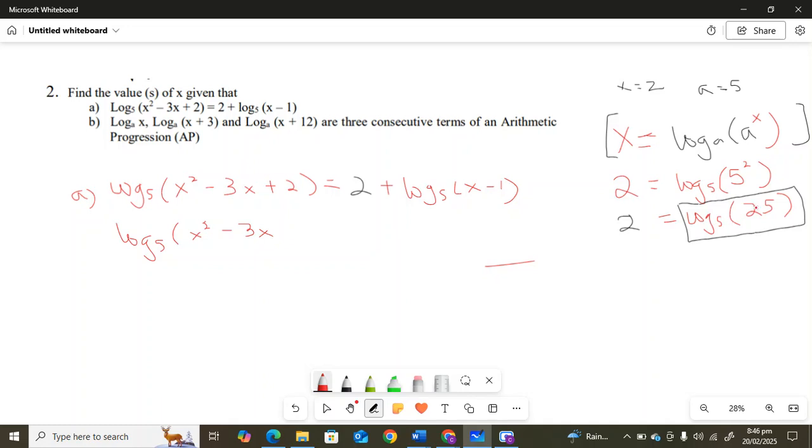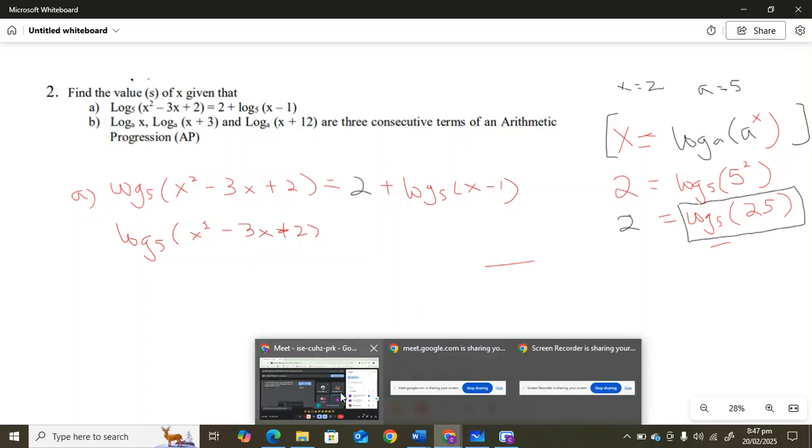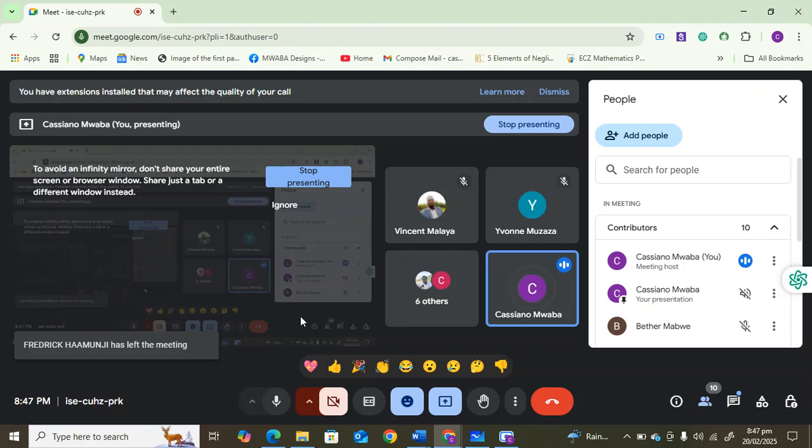Just type it in Google, log 5 25 equals, then Google will give you the answer. I just wanted you to verify that log base 5 25 equals 2, so that you don't think Mr. Muava is using magic and tricks.